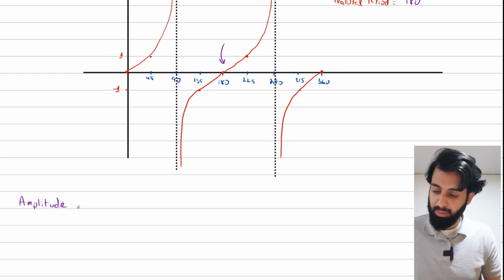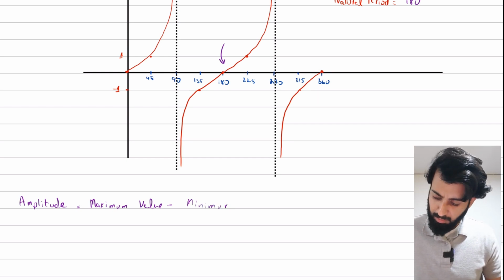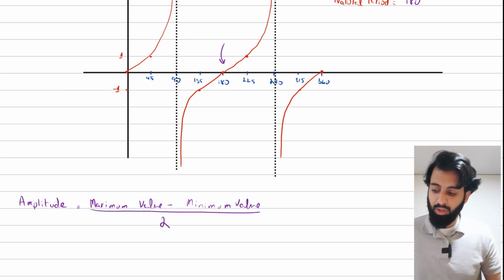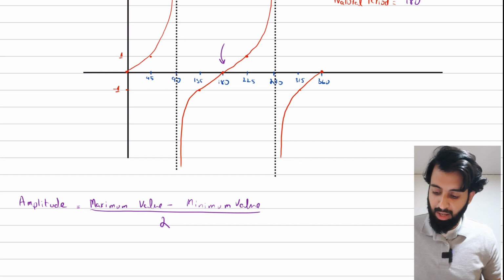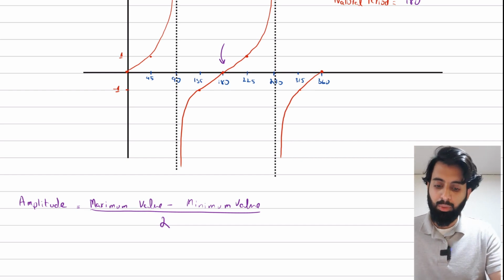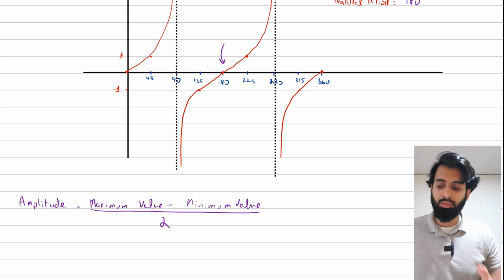So amplitude, remember, by formula is simply equal to the maximum value minus the minimum value, divided by 2. So that's the formula for calculating the amplitude. Now there are some other formulas also, and there is some tweaking that we're going to do to our graphs, and we're going to see how we can plot them, but not in this video. That'll be for the next one.